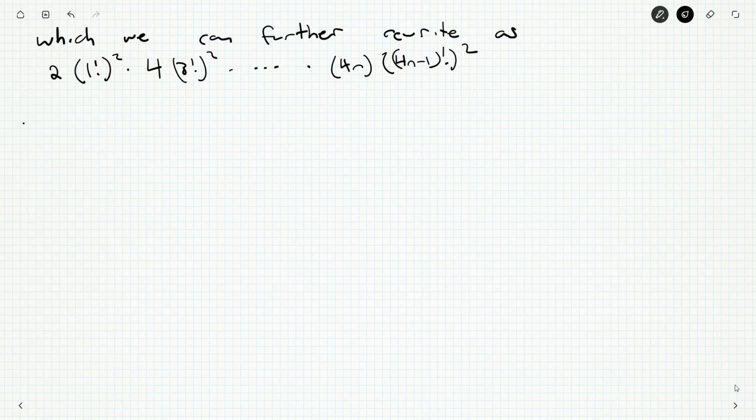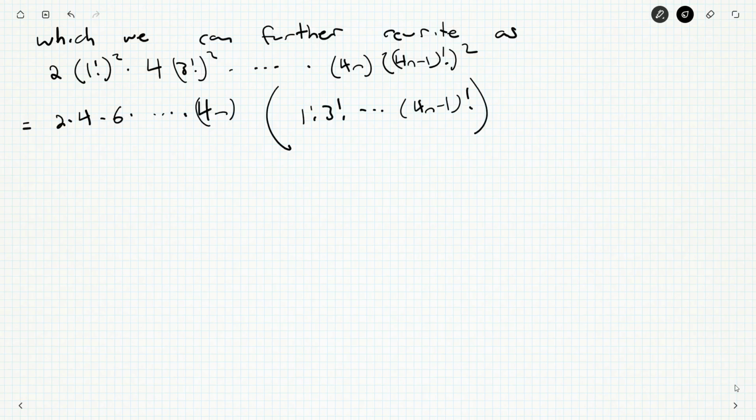Okay. Which is 2 times 4 times 6 times yada yada yada all the way up to 4n, times 1 factorial, 3 factorial, all the way up to 4n minus 1 factorial squared. And then we take out a factor of 2.